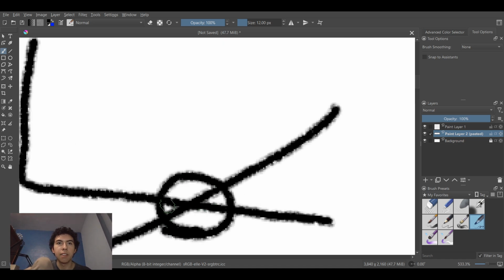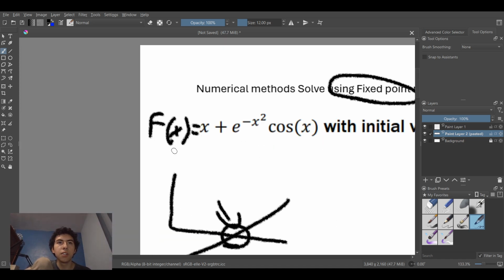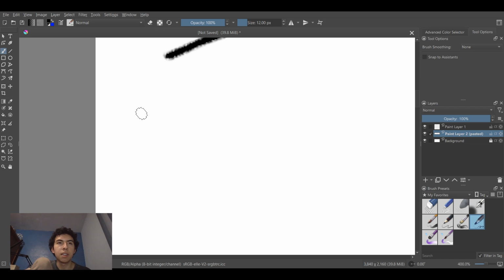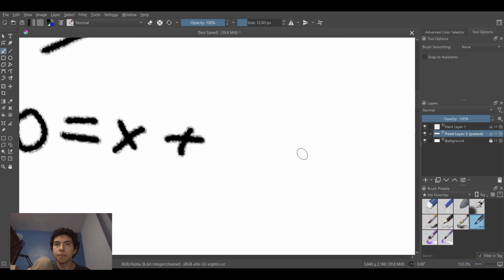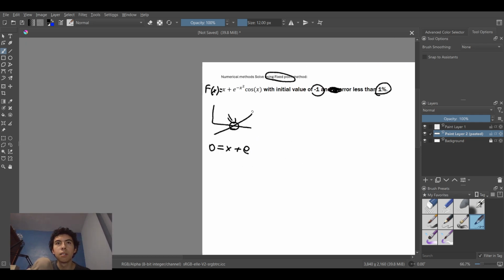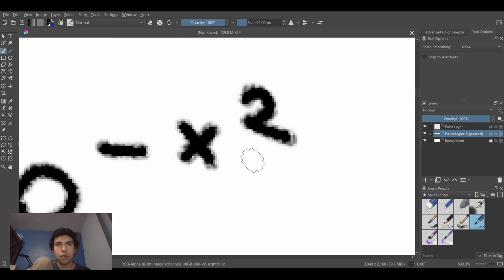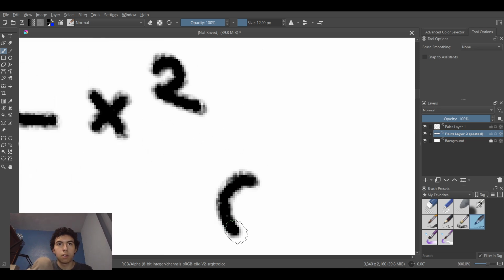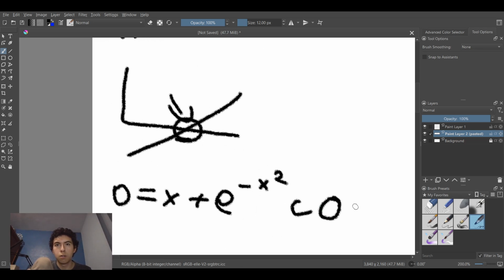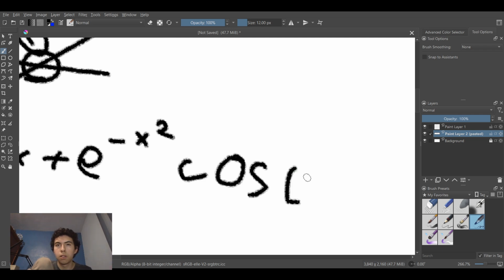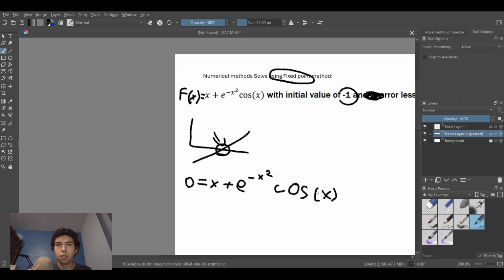We want to find this specific point. To do that, we take 0 equals x plus e to the minus x squared cosine of x.